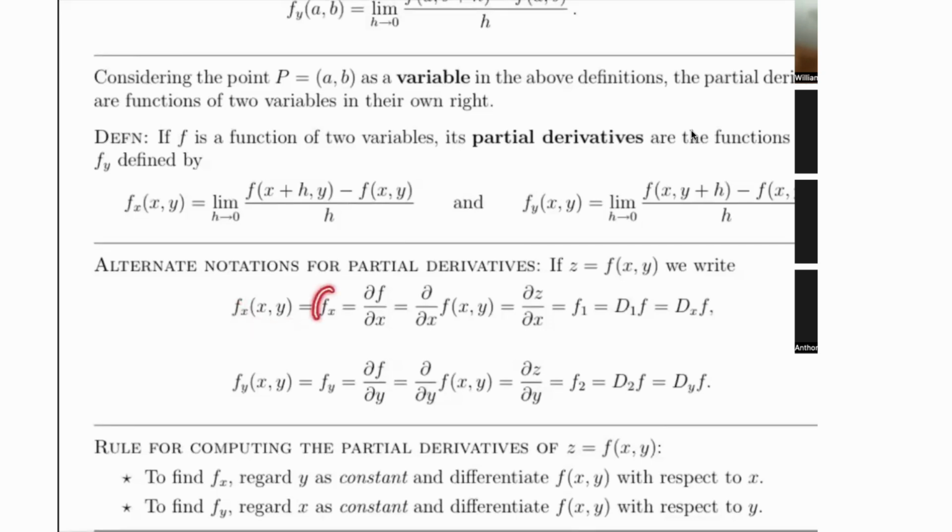A lot of times you'll see me just write this. Just to simplify the notation, I'll drop xy from it, except when I'm evaluating it at a specific point. This shouldn't lead to any confusion, so we think of f, and then we're differentiating that to get f sub x.